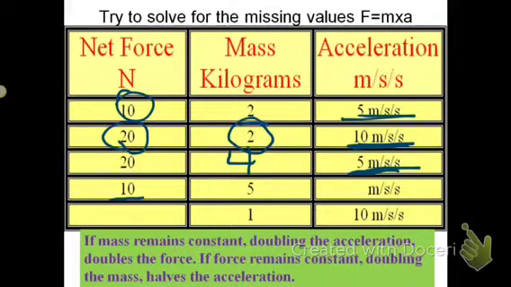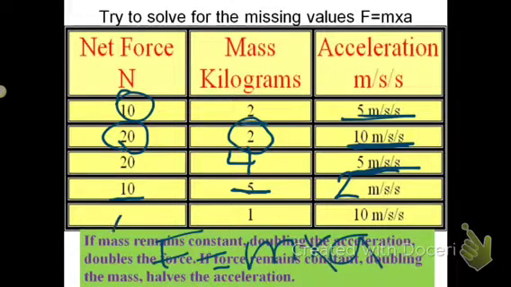And then here's this one. Our net force is 10. Our mass in kilograms is 5. 5 times what equals 10? This should be 2 meters per second per second. And then this is the regular formula. Force equals mass times acceleration. So mass is 1, acceleration is 10. Our net force is 10. Okay?